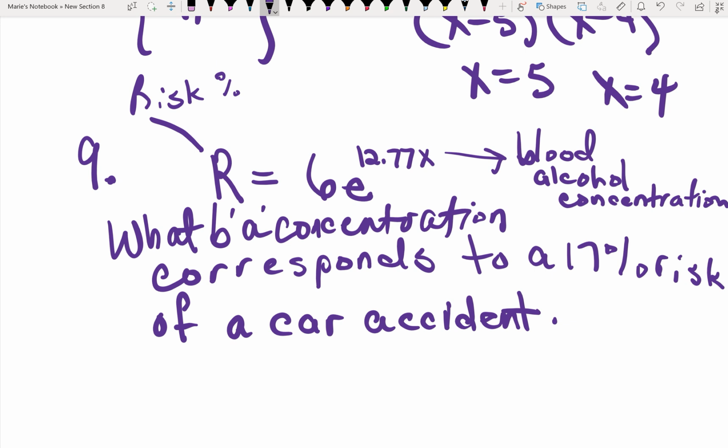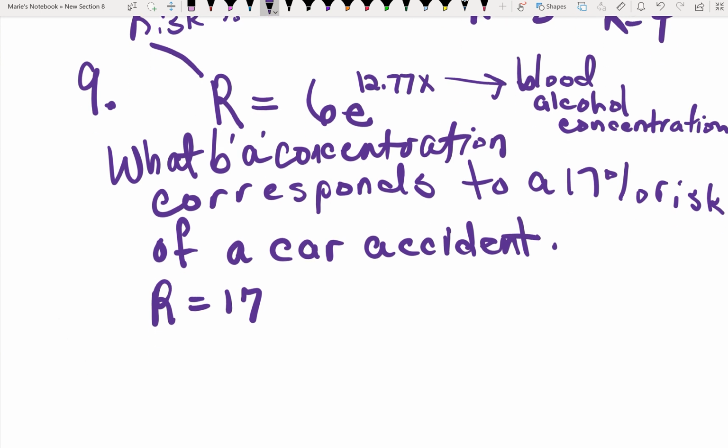Okay, and so we are going to say that R is equal to 17, not 17%. That's the key in this question.